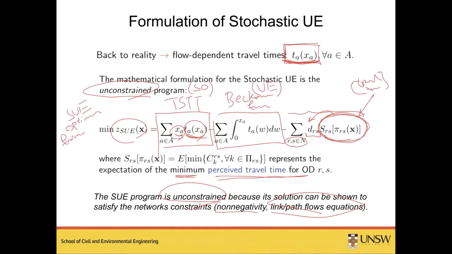Do we need optimality conditions or anything like that? Do we need a Lagrangian function? No. If we have an unconstrained problem, we just need to simply take the derivative of this function z with respect to x, make it equal to 0, and find all the link volumes that we want.